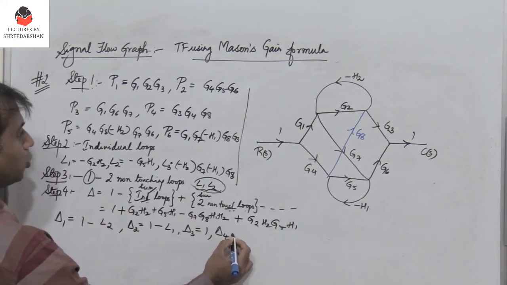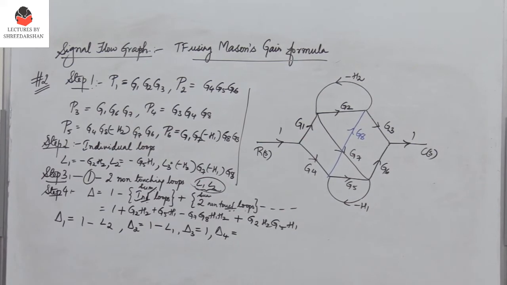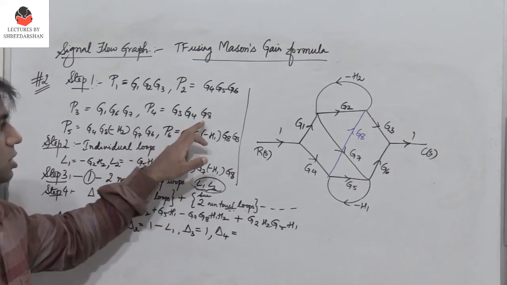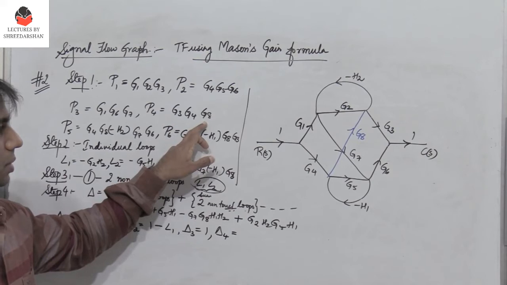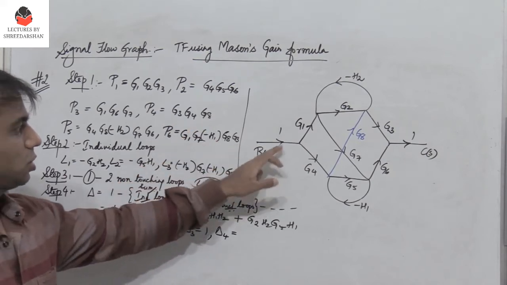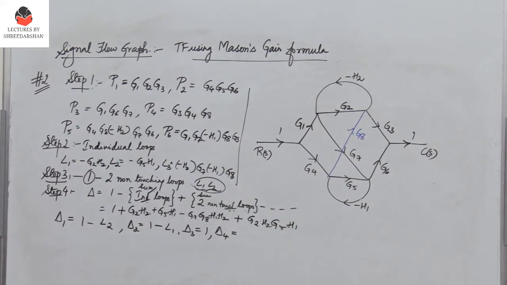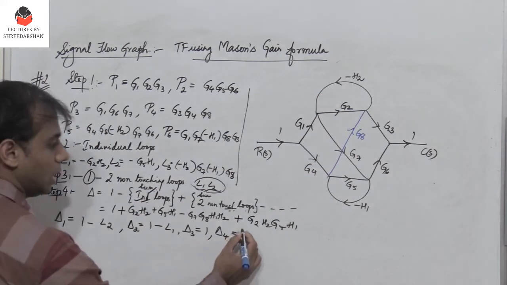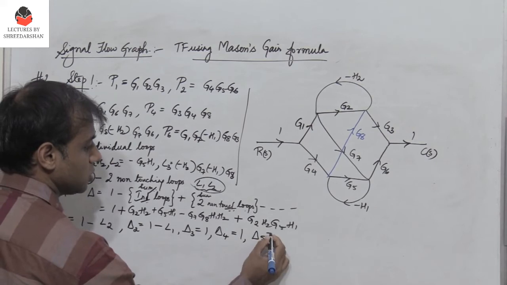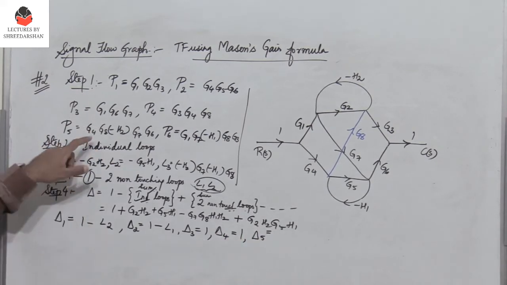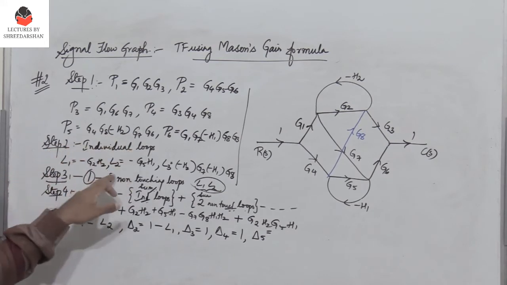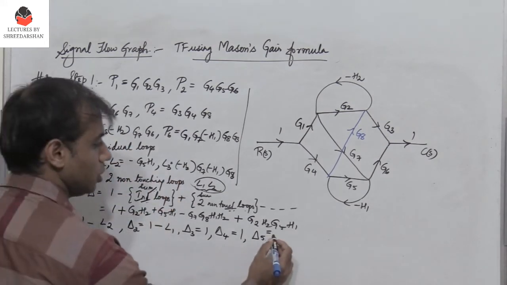Next, delta 4. Delta 4 is again, I have G4, G8, G3. Of course it is touching all the loops, so it's just going to be 1. Next we have delta 5. Let me consider this path. This path of course is touching all the three loops, so definitely it is equal to 1.